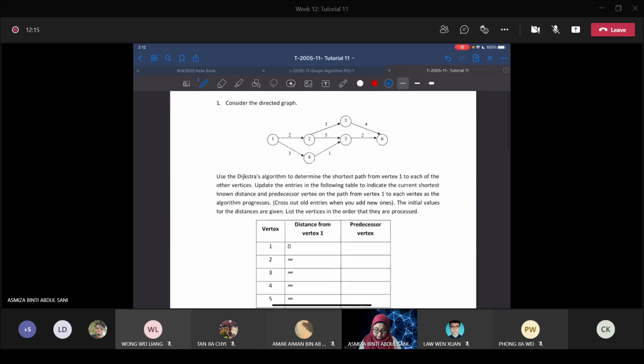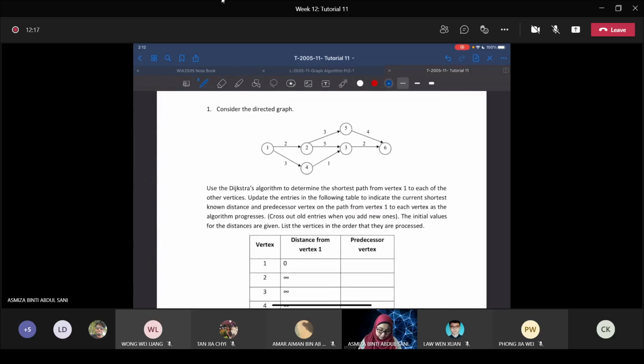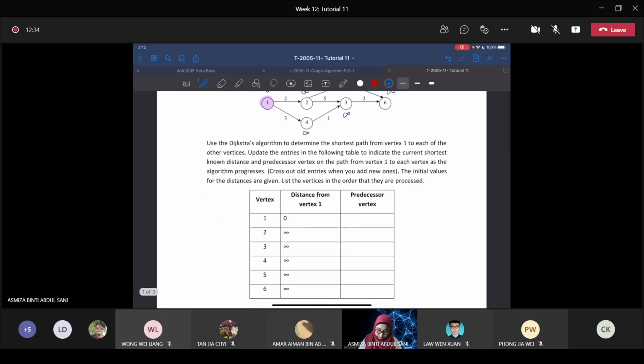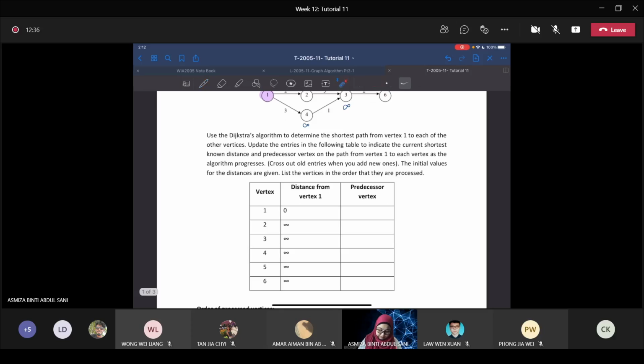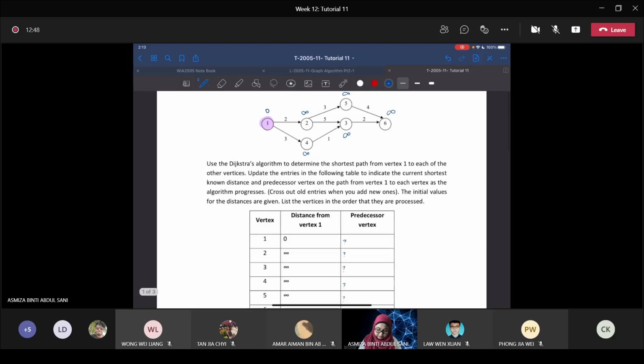So basically, this is what we have. And if you remember Dijkstra, we will have a starting point. In this case, the starting point will be node 1. We update the distance to 0 and the rest is infinity since we have no idea what the distance is. So this is what we have right now when you initialize, and we are not sure what the predecessor vertex is.